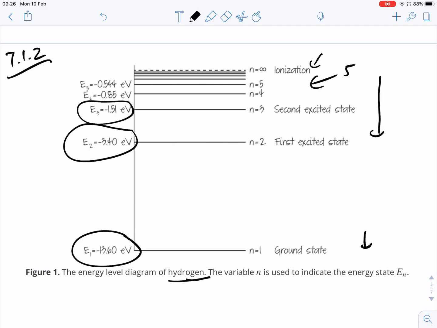So a quick little review of ionization: an ionized gas is a gas that is charged. What we're normally looking at here is that our hydrogen atom has one proton, so it has a plus charge in the nucleus, and it has an electron orbiting it.